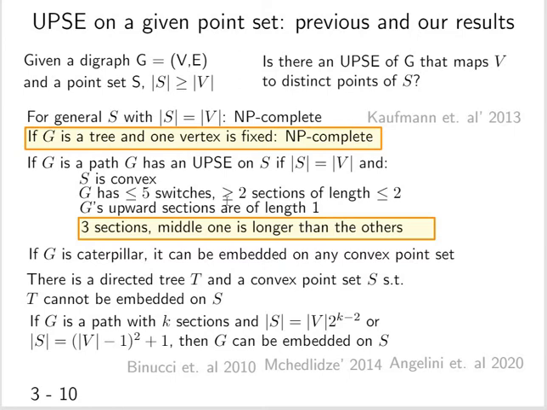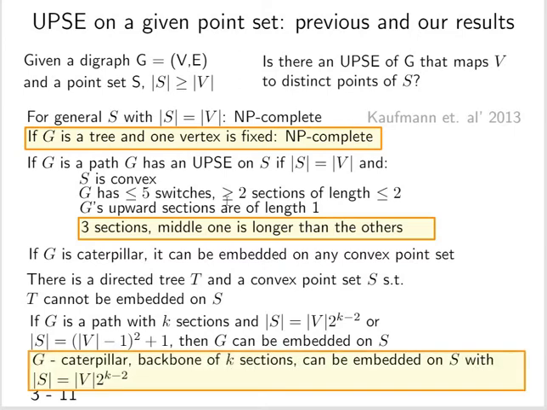So in both cases, there must be sections of length 1 or of length at most 2. Here we consider lifting this restriction, and we take one first step towards this. So we consider only 3 sections, but each section can be of any length, as long as the middle one is long enough. It should be longer than each of the other ones.